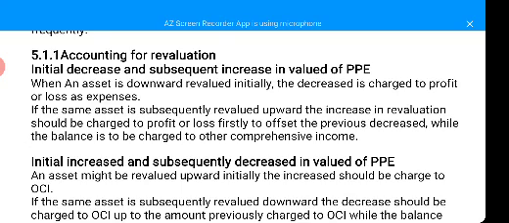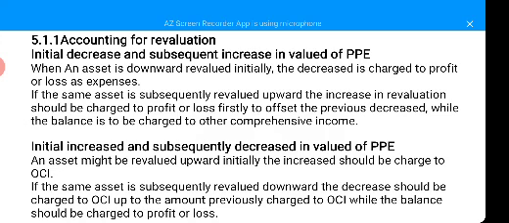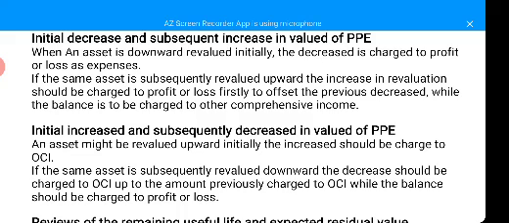Now, if the same asset is subsequently revalued upward, the increase in valuation should be charged to profit or loss firstly to offset the previous decrease, while the balance is charged to other comprehensive income. Now that same asset was revalued upward.